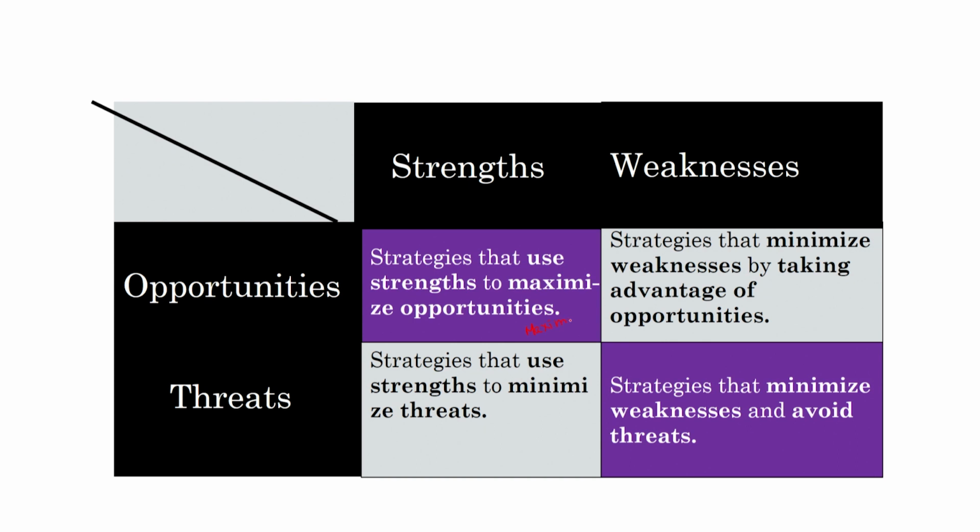maxi-max strategy. That is, maximizing your strengths in order to maximize your opportunities. For example, there is a strength that you have huge financial resources, and there is an opportunity that you can tap into rural market.